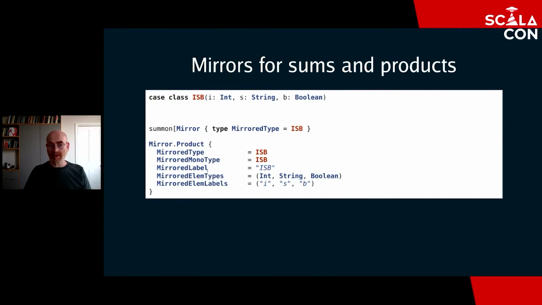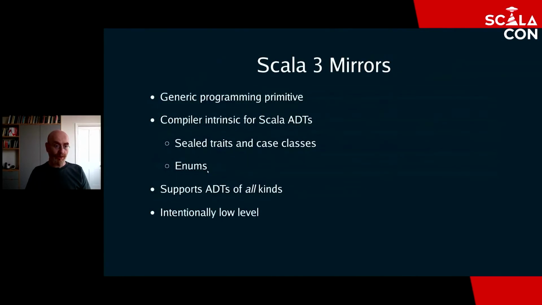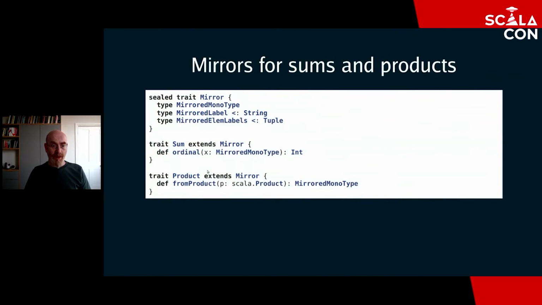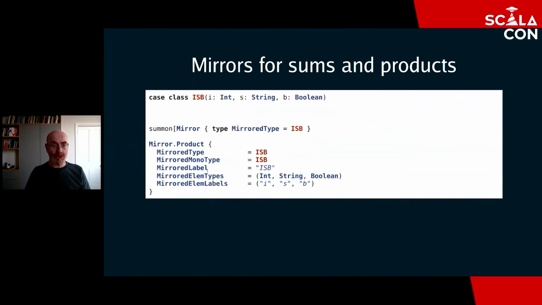If we go to the Scala 3 REPL and we import the relevant package, and we attempt to summon this mirror, we specify the type we're interested in by defining in the refinement that the mirrored type is ISB, the type we're looking at, and the result that we get back will be a refinement of the product extension of the mirror trait with some additional type members specified.